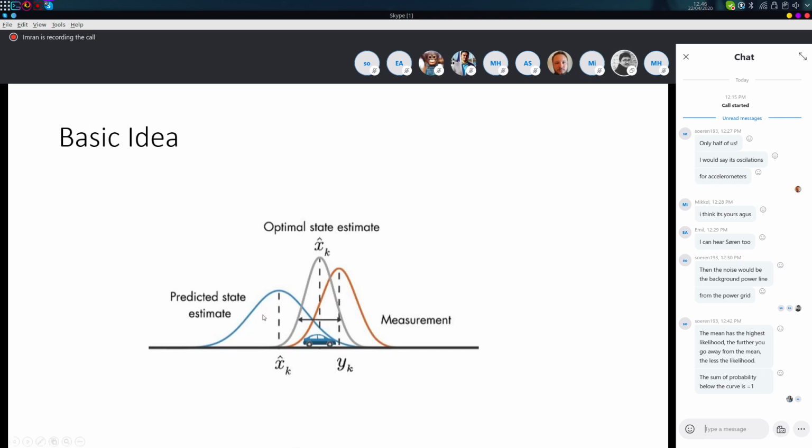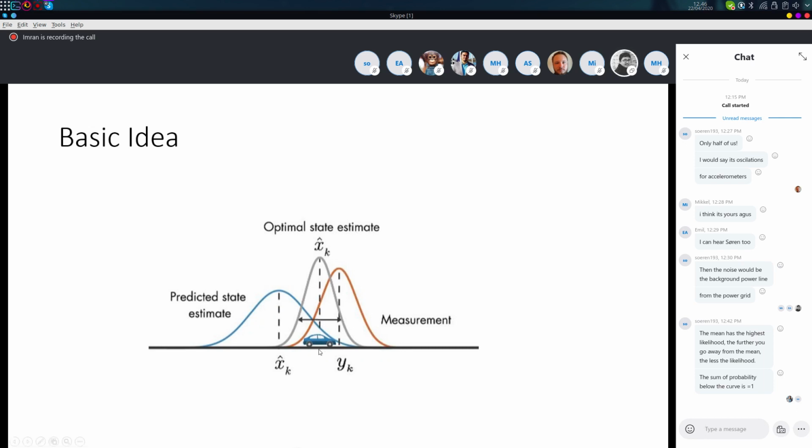If you multiply exponential functions, it will also be an exponential function. So this is the multiplication of the error from your model and the error from your sensors. So now you have a better estimate of the position of your car, which is this one. So it's really close to the actual position.